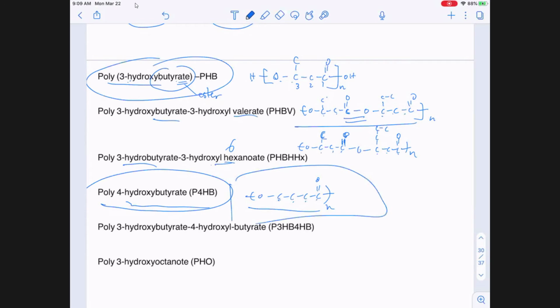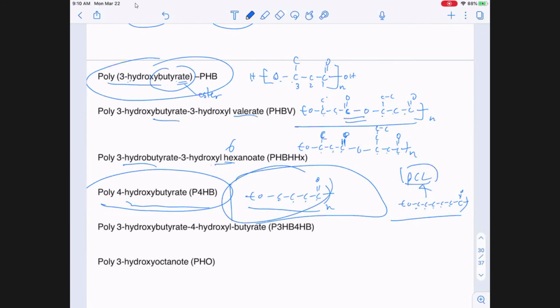And for 6HB, you had homework questions in the last homework about PCL. PCL has a total of 6 carbons: 1, 2, 3, 4, 5, 6. That's the PCL. But this one is P4HB.